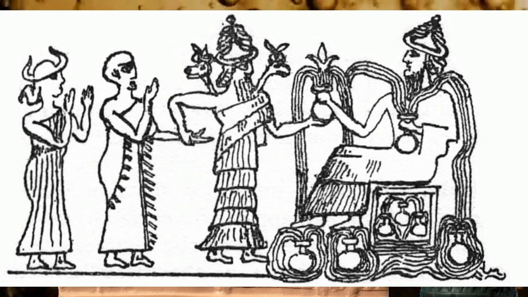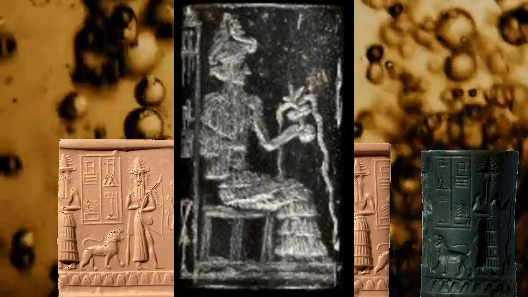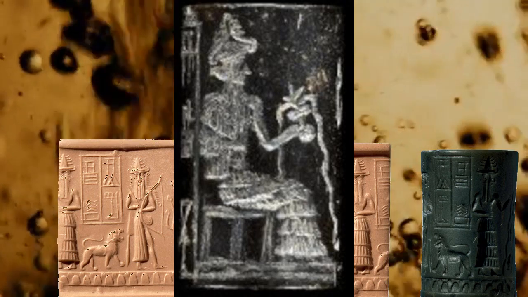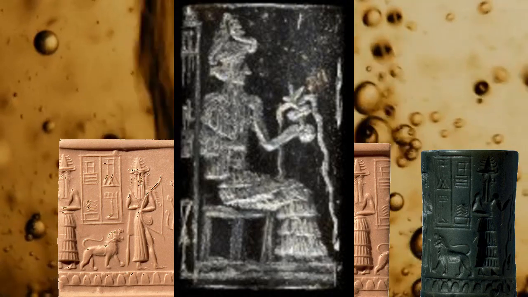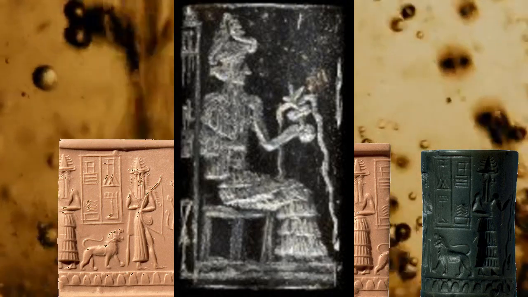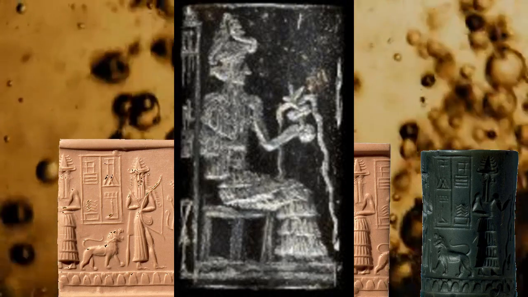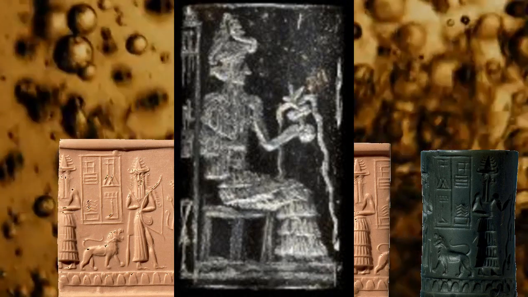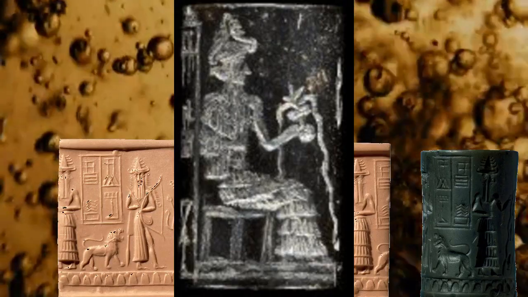Now, this is line art because the original image is kind of hard to make out. And this is a photograph of a cylinder seal. It's not the cylinder seal impression, it's the seal itself. So you can see the water coming from the jar in his hand. And thankfully, that is enough that we can say, hey, this is Enki.